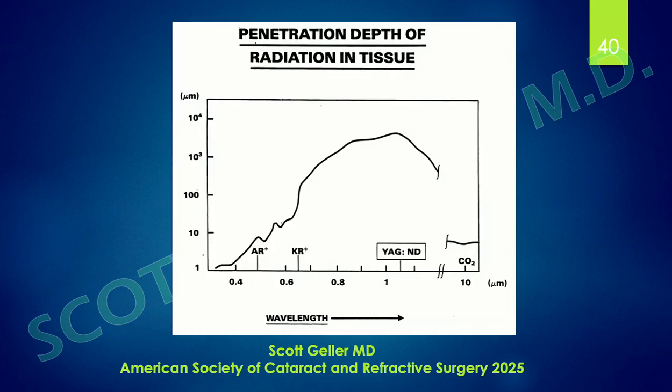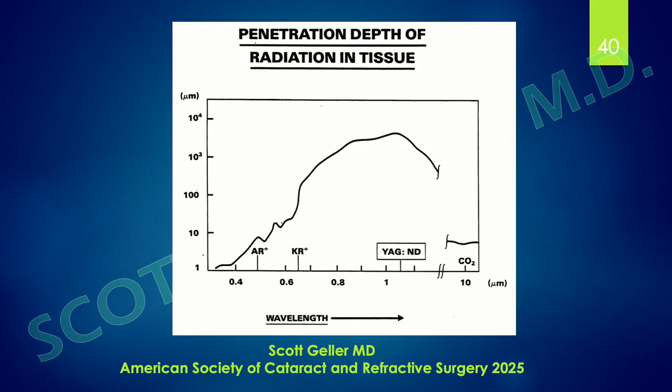So this is interesting. What is the penetration depth of the radiation in tissues? Well, the argon and krypton lasers don't really penetrate that much. If you use the argon laser in the retina, you get a little blanching effect, but it doesn't go through the posterior sclera of the eye.